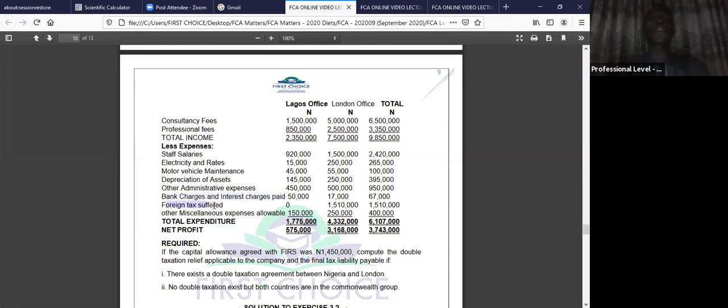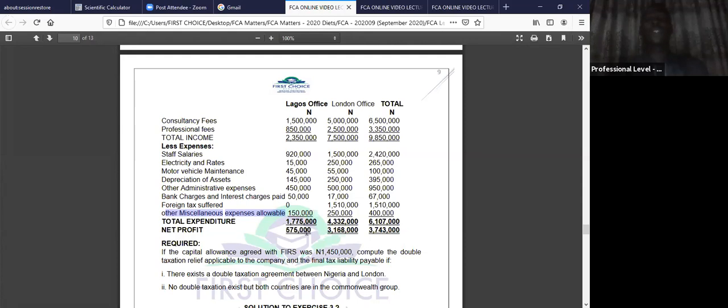Foreign tax suffered. It was deducted here, so we have to add it back to get the position that we were in before we paid tax. Other miscellaneous expenses allowable. They call it allowable, let's believe them. Total expenditure, this has to be adjusted.